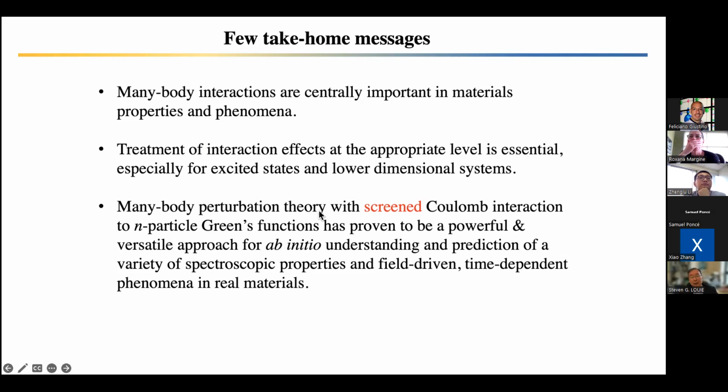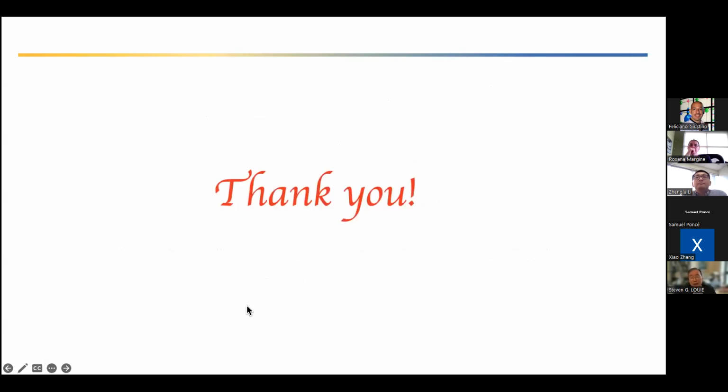And many-body perturbation theory, from the screened Coulomb interaction to the n-particle interacting Green's function, has proven to be a powerful and versatile approach for the understanding and prediction of a number of spectroscopic properties and field-driven time-dependent phenomena in real materials. So thank you very much for your attention.